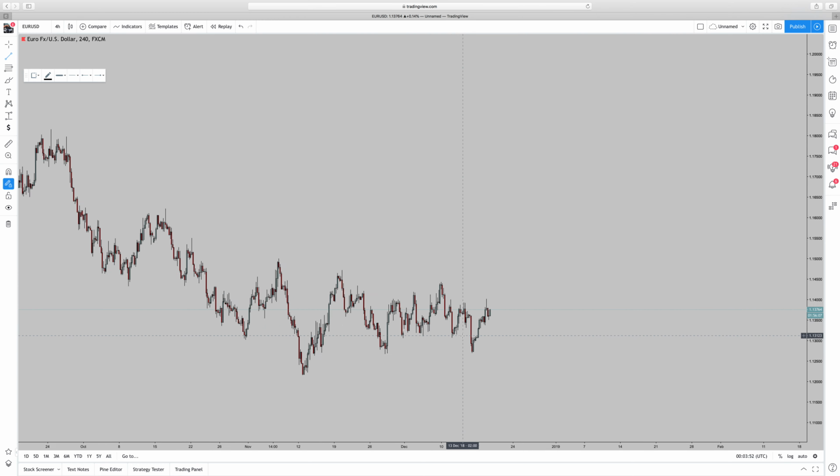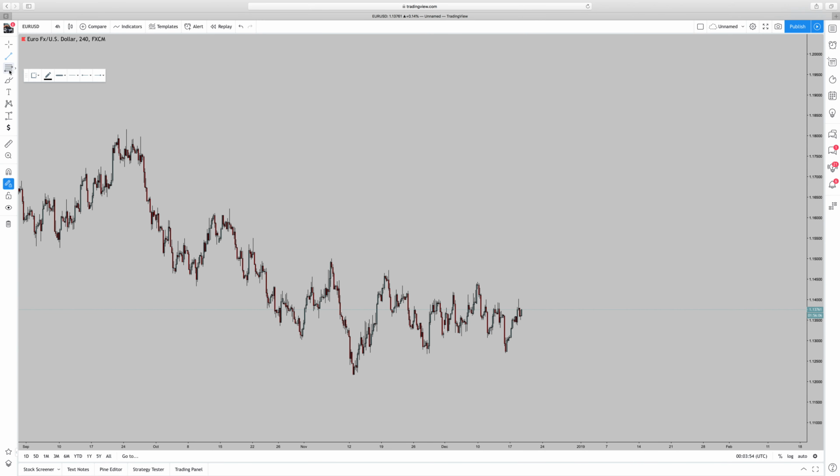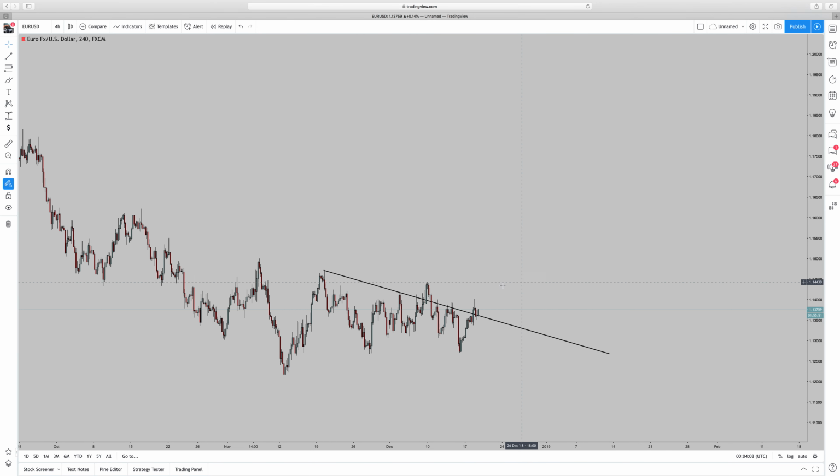So again, I have my trend line here, and I'm just seeing where price is respecting, where it's rejecting, bouncing, all that is important. So I take a look here.